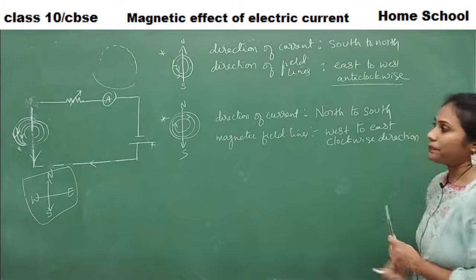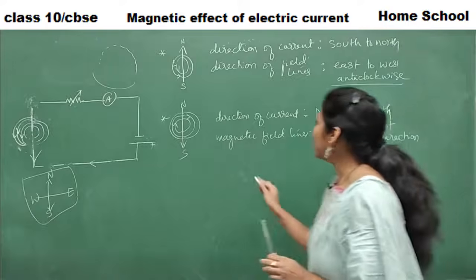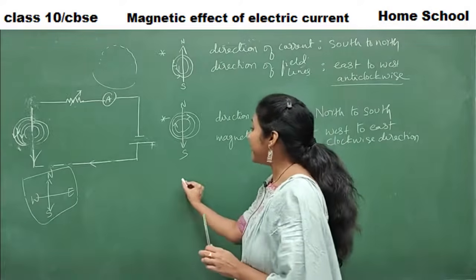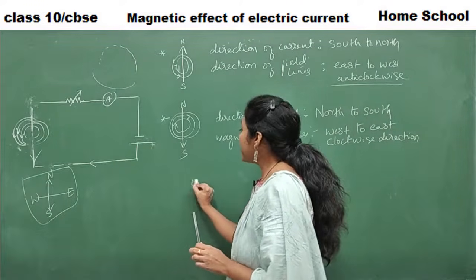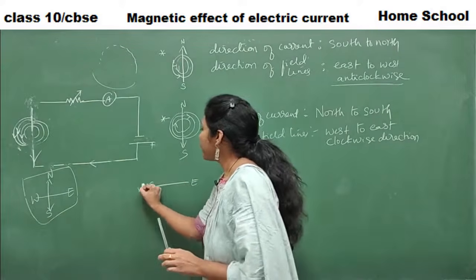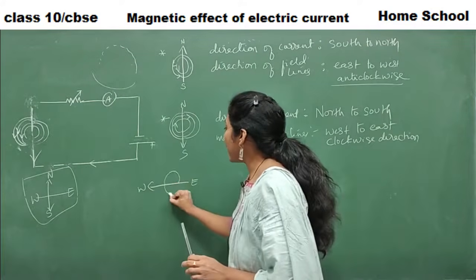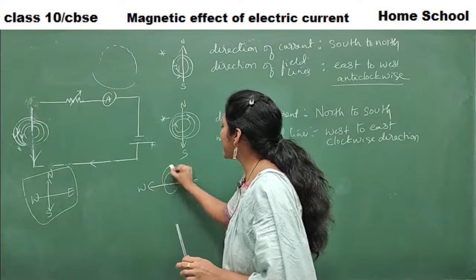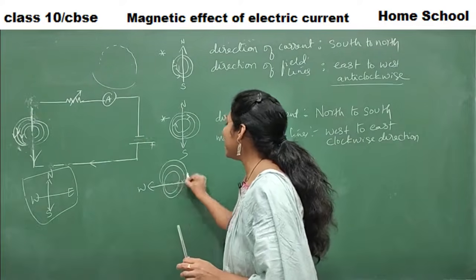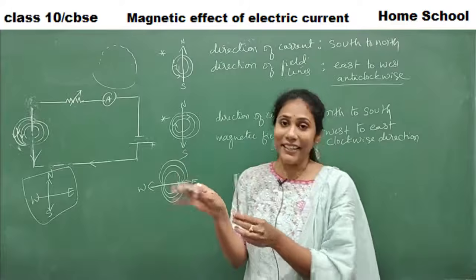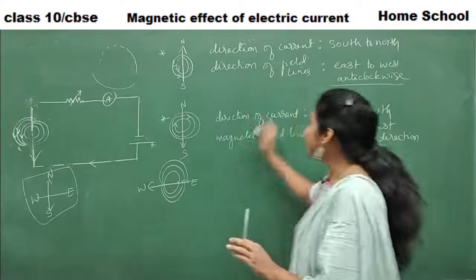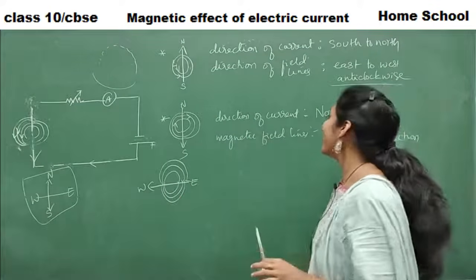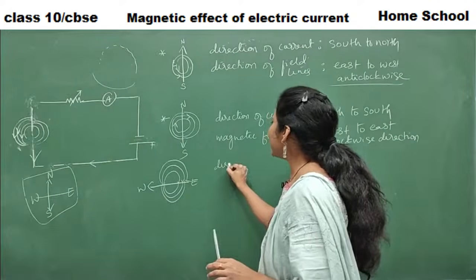Clockwise direction. Now, if the current is moving from east to west, then this is very easy. You need not work with your hand, all that circus you need not do. Just a simple trick I will give you here. What is the direction of current here?